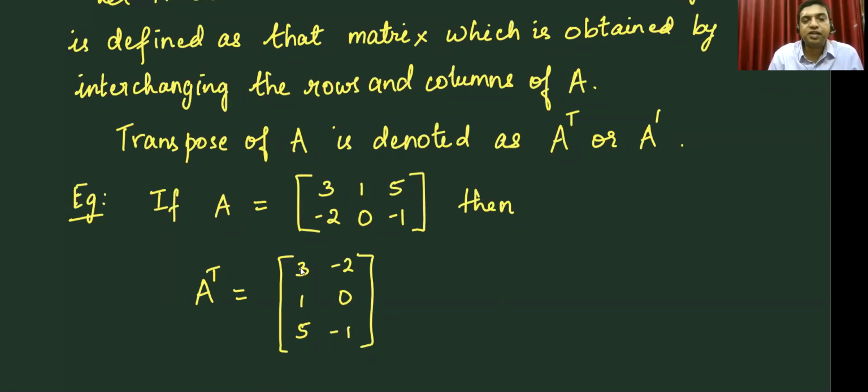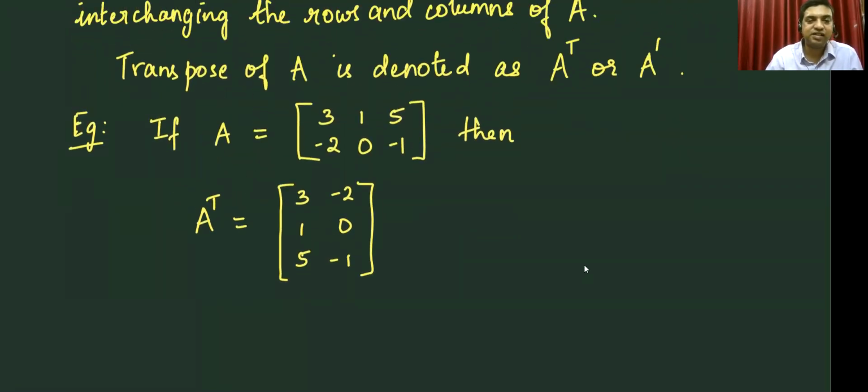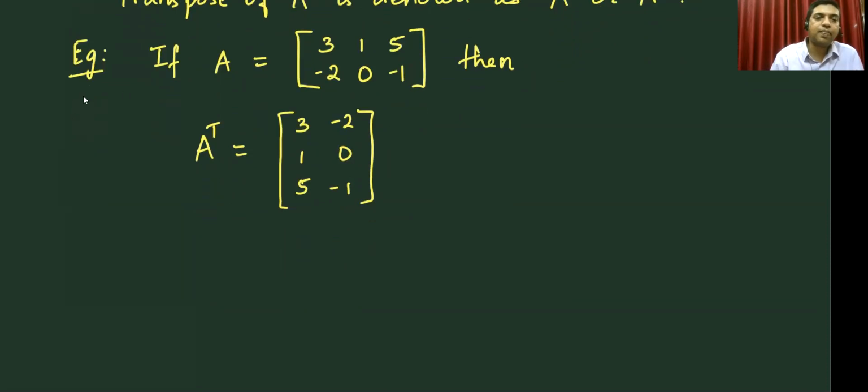The first column becomes the first row, the second column becomes the second row, the third column becomes the third row. So columns and rows get interchanged. That is transpose. Here it was a 2 by 3 matrix, 2 rows and 3 columns, and this becomes a 3 by 2 matrix. So let's say this is example 1.